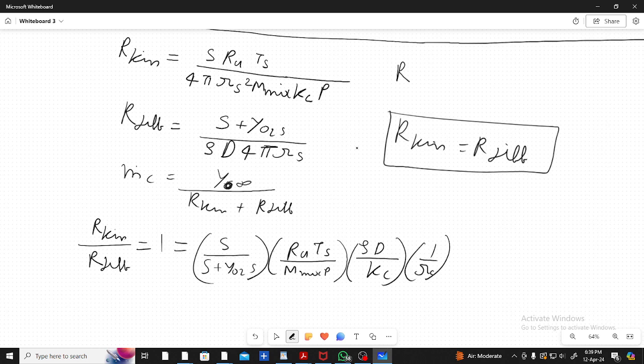So S upon S plus constant, this is the mass fraction of oxygen at the surface, into the universal gas constant, temperature at the surface, molecular weight of the mixture, partial pressure, rho the density, D the diffusion coefficient, Kc the kinetic coefficient, and Rc the particle radius. So you just need to do R kinetic upon R diffusion, and you will get this.